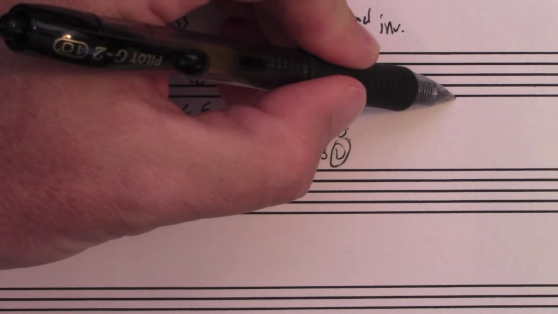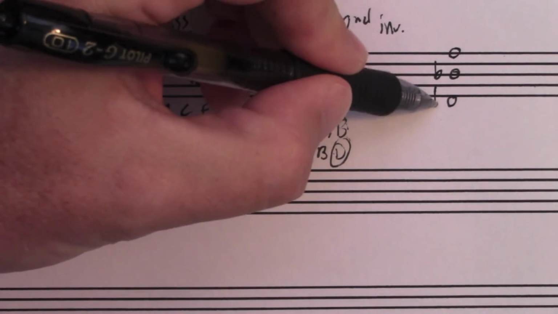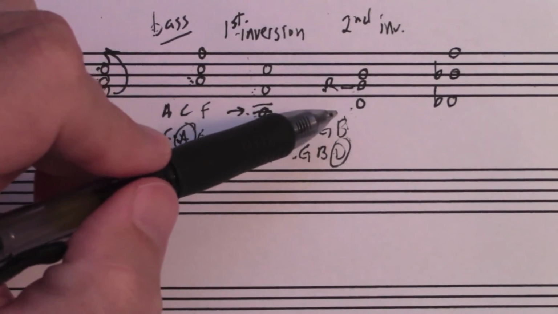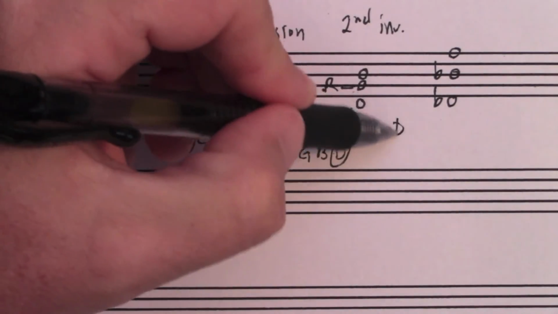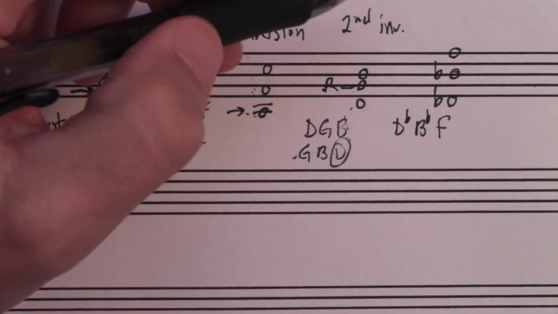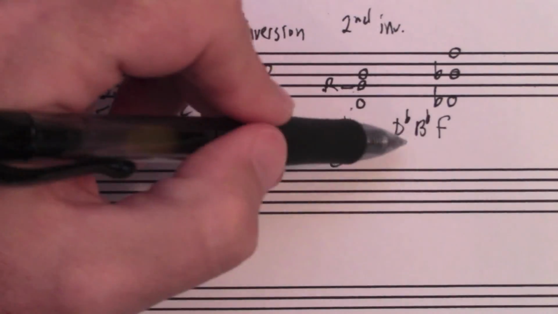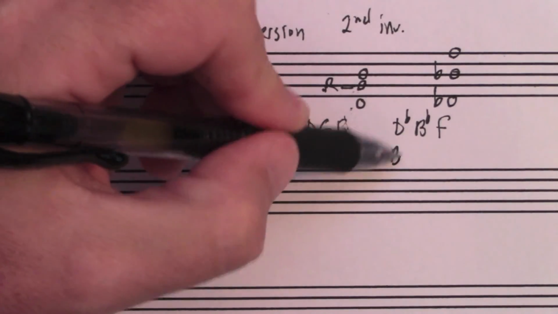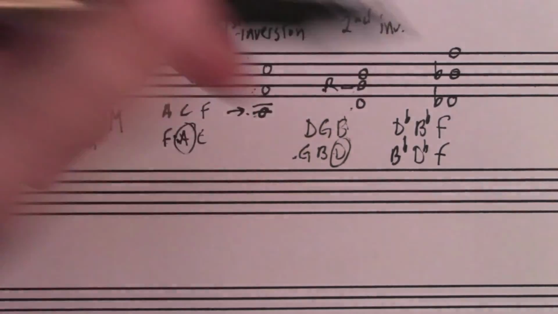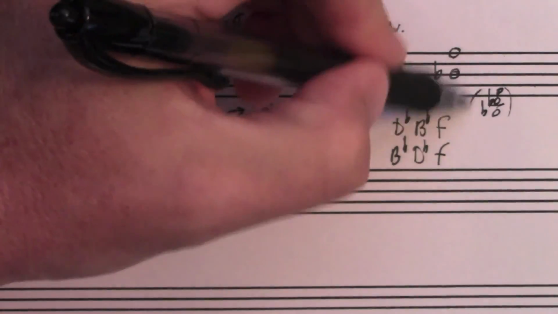So what about this? Ooh, we've got flats. Scary. No, not really. Just what notes do we have? We have D flat, B flat, F. Are those in order of thirds? Well, D flat, no, they're not. Unscramble them, and we get B flat, D flat, F. Which, if we could, there.